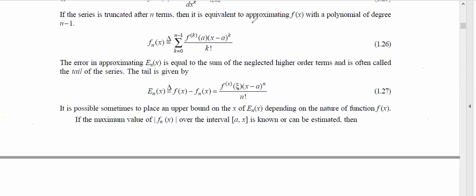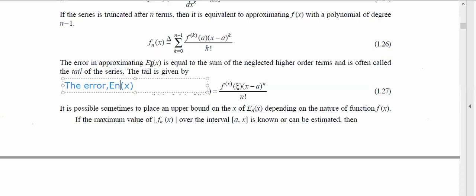Where is the text? The error in approximation E_n(x) is equal to the sum. It should be like the error. In the error we have given the symbol. The error is what? The error E_n(x).